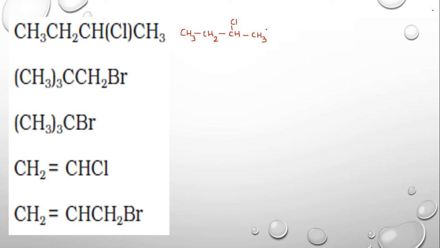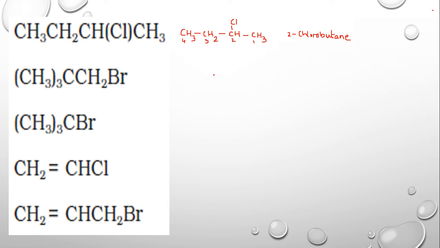Okay, so now writing the IUPAC name becomes easier. So start the numbering, give the lowest number to the halogen. So the name is going to be 2 chloro, 4 carbon atoms, means it is going to be butane. 2 chloro butane.